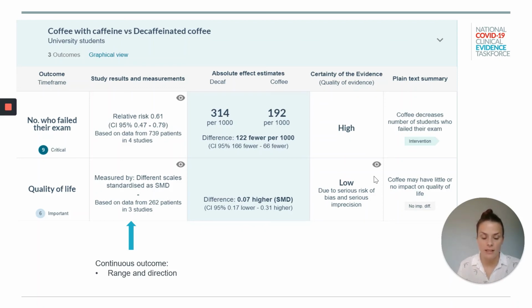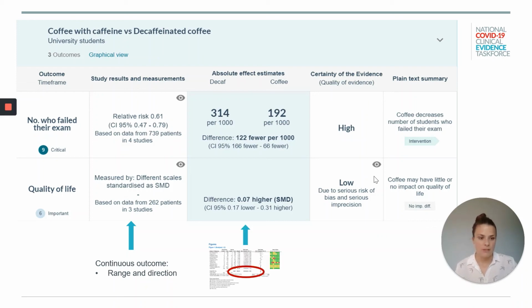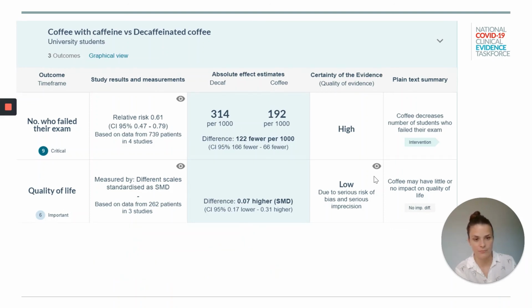However, here in the second column, we have the range and the direction of the scale given. We also have the number of participants and studies, of course. And then we have the actual results from the analysis in the third column. Certainty of evidence and the plain text summary are the same as with the dichotomous outcomes.